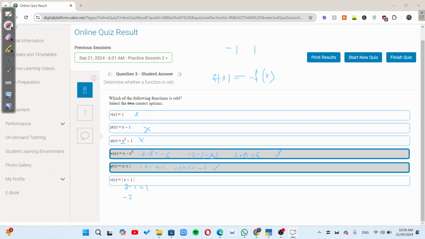Negative 2 minus 1 gives you negative 3, which becomes 3 as an absolute value. So 1 and 3 have the same sign and they're different numbers. So this is definitely wrong. So now, next question.